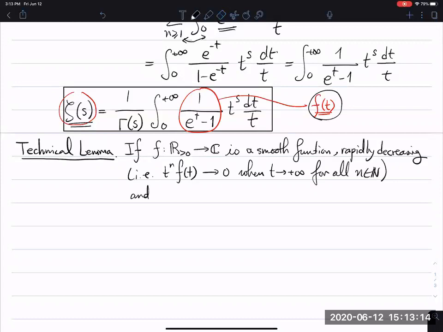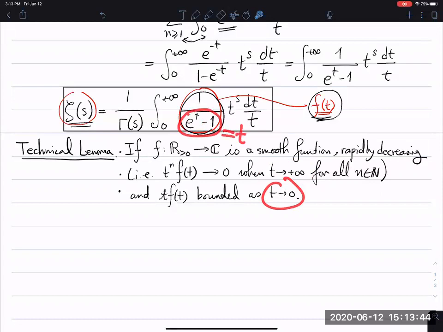And also, I want it to be bounded at the other end as t goes to 0. So these are some very technical conditions here. But of course, our f of t automatically satisfies this, because if t goes to infinity, this e to the t is a huge number compared to any powers of t. On the other hand, as t goes to 0, this e to the t minus 1 is roughly t, and therefore I have t times 1 over t, so roughly 1. The leading term is 1, and there's some fudge term. So it's bounded as t goes to 0.